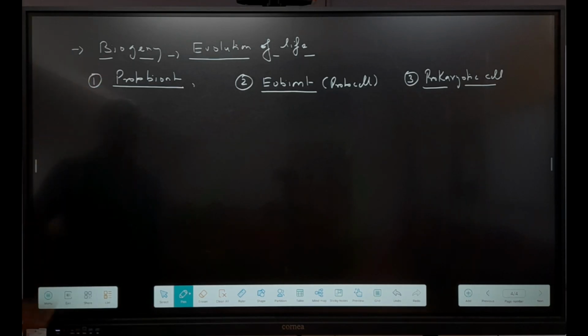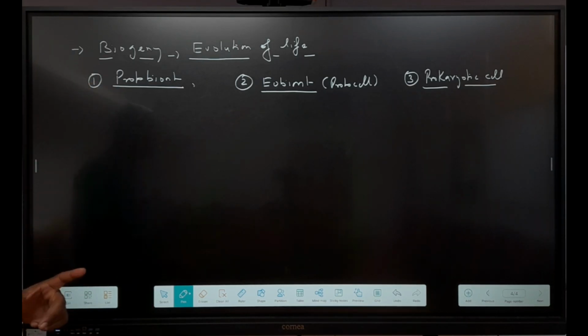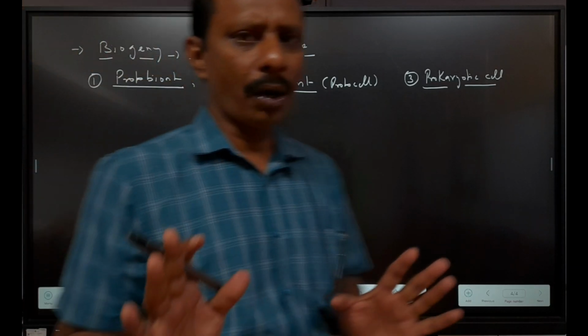So what happens in protobiont? In chemogeny, complex organic substances are formed.